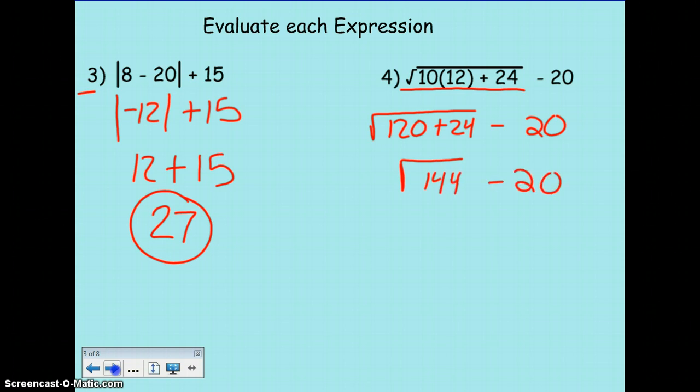Now I can take the square root of the 144, and that's 12 minus 20. This is the same as 12 plus negative 20 if we think better that way. Either way, we end up with a final answer of negative 8.